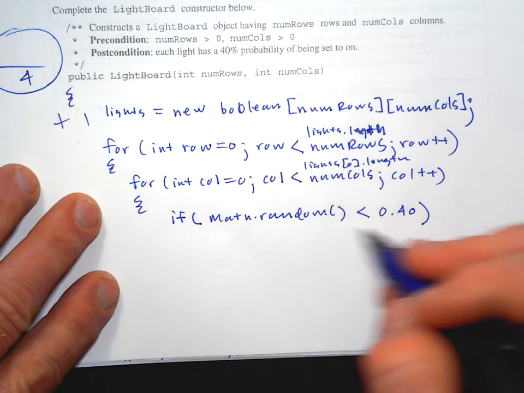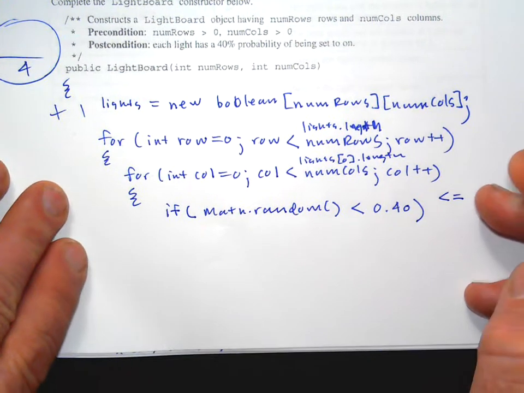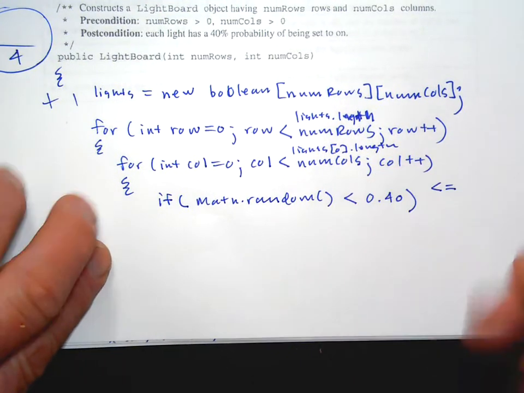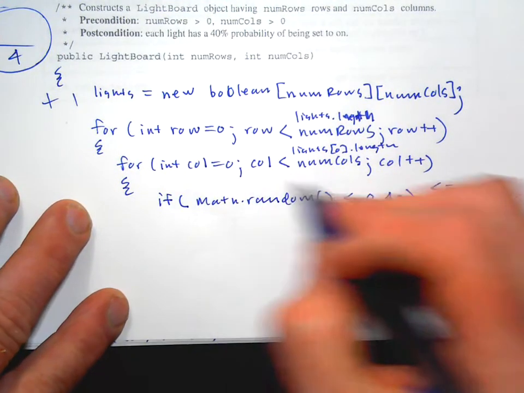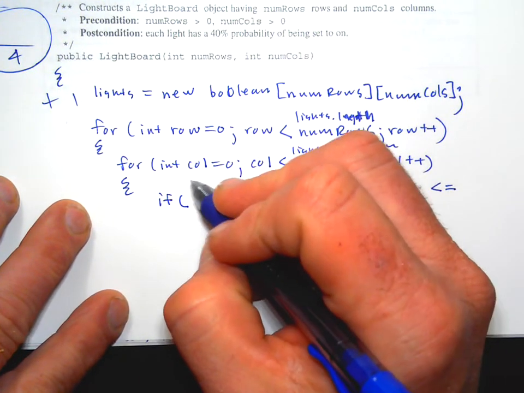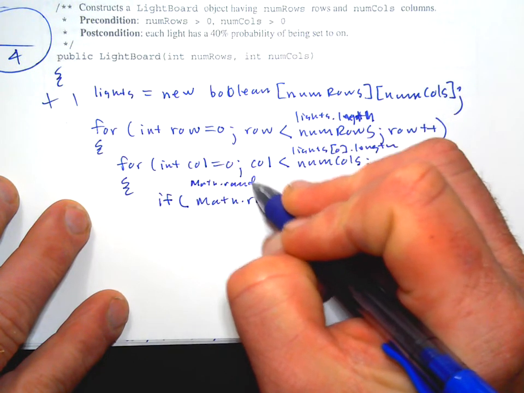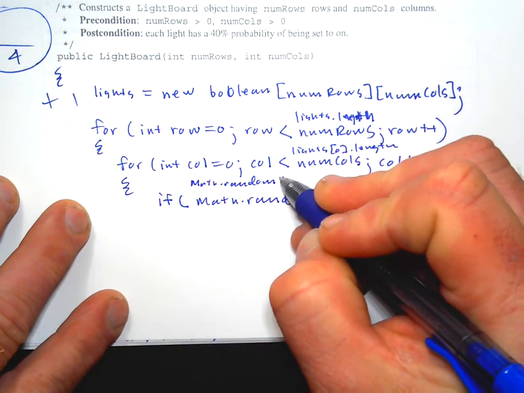So this is what's supposed to be the solution. If you said less than or equal to, you would get full credit on this problem based on their scoring guidelines. Some of you went ahead and scaled this to 100, doing Math.random times 100.